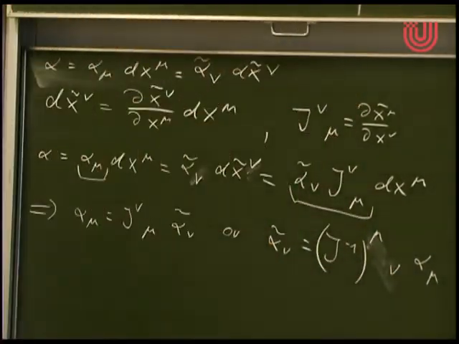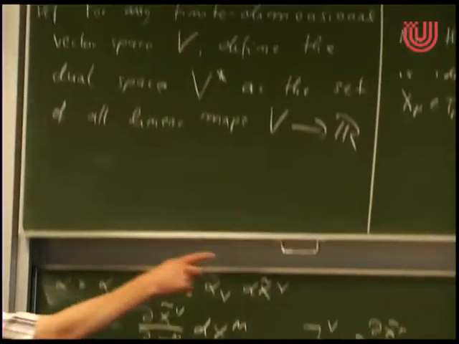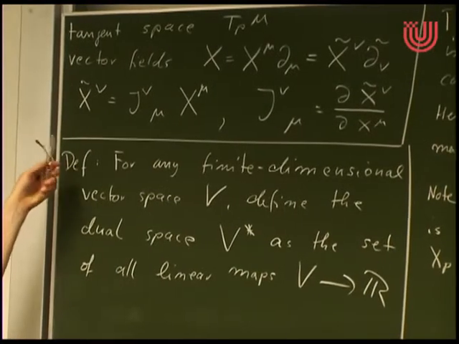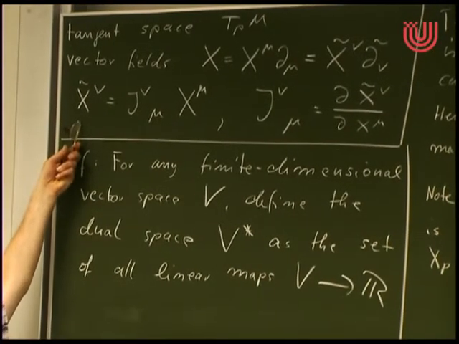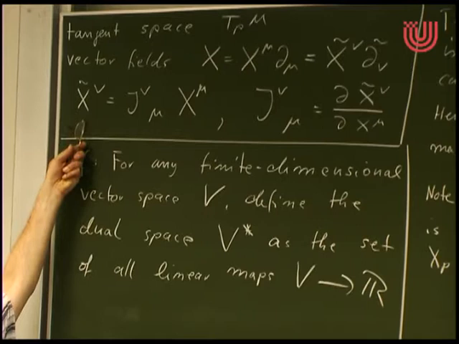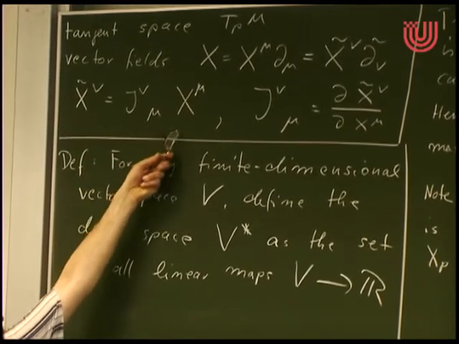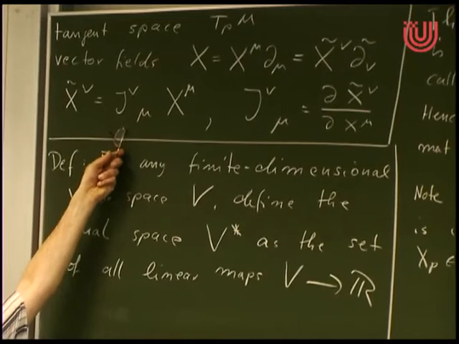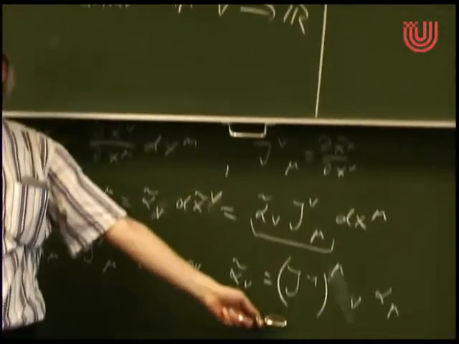If you compare this, you see that for the vector fields the twiddled components are given in terms of the untwiddled ones with the Jacobi matrix. And here it is the inverse Jacobi matrix.